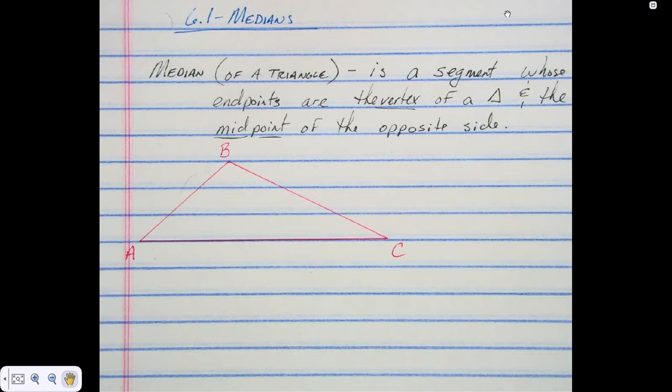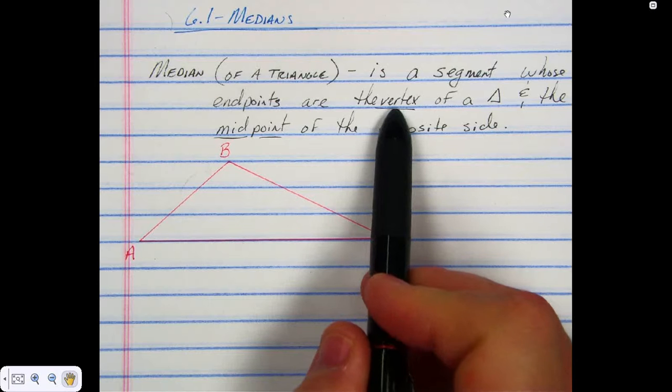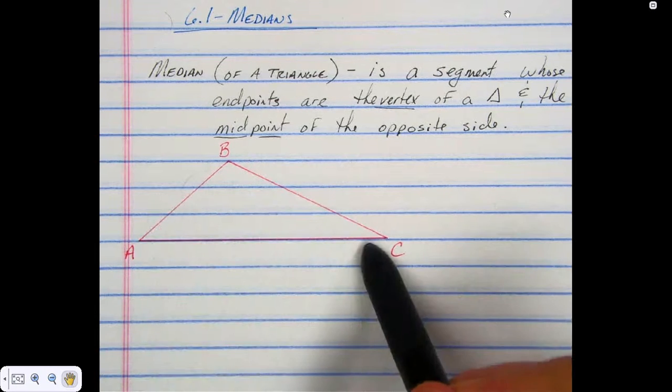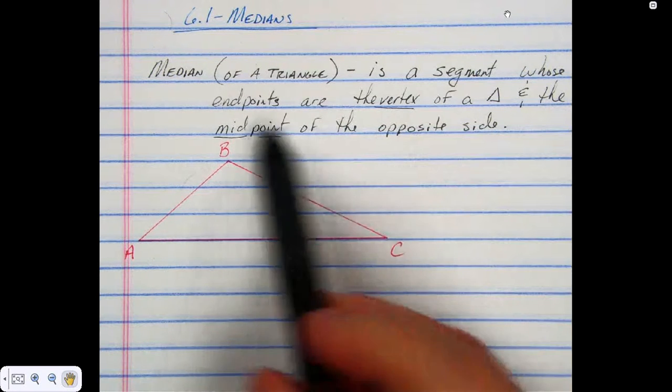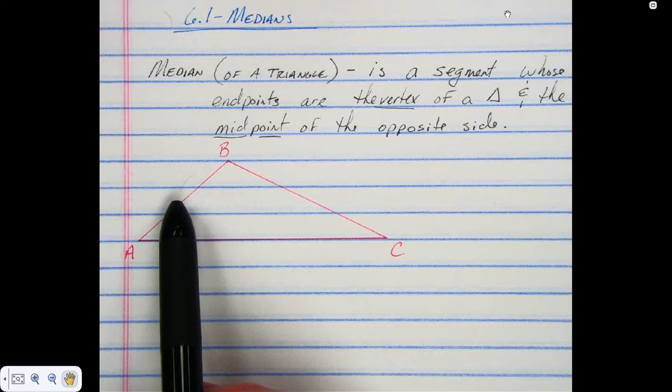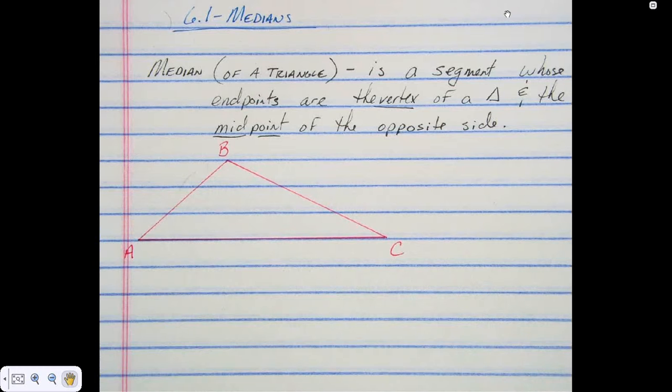If 3, tell me why. Okay, it says there's 3 vertexes. So it has to start at a vertex, right? If there's only 3 vertexes, there's only 3 possible places to start. At the same time, how many different midpoints of a side are there? There's 3 sides, so there can only be 3 midpoints. Okay?